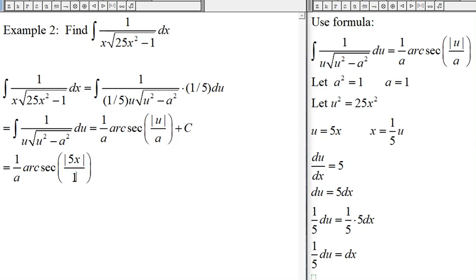But a is 1, so we'll put a 1 right here. So this simplified to just arcsecant of the absolute value of 5x.